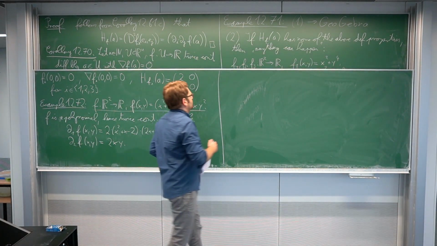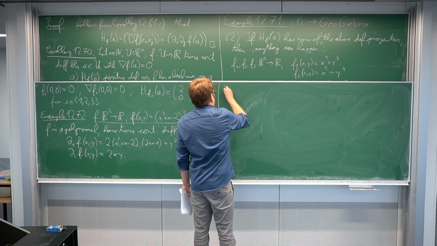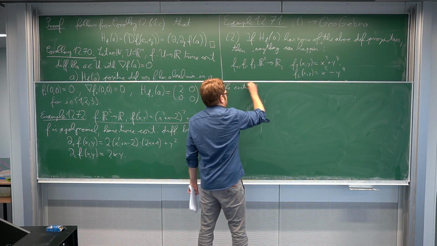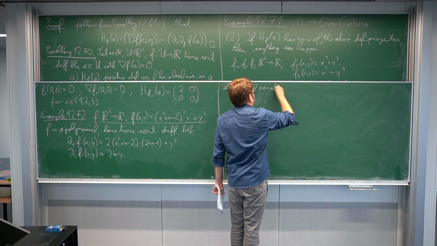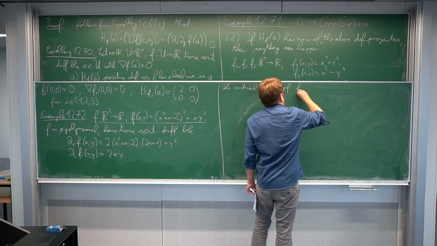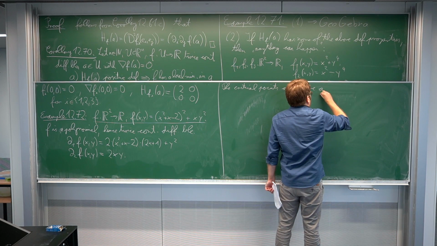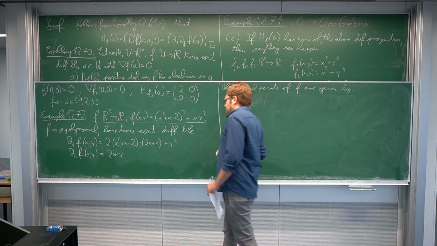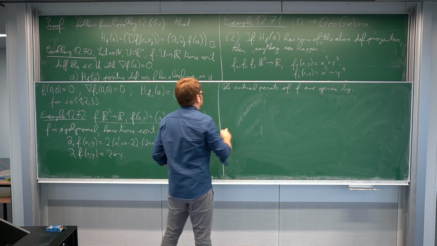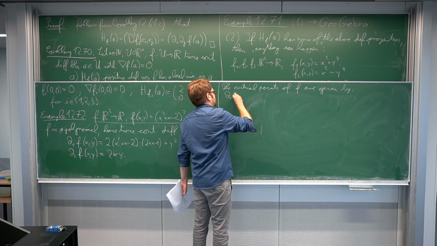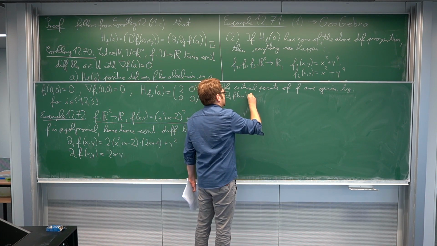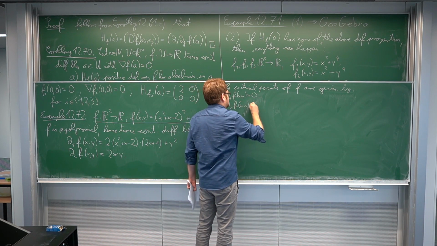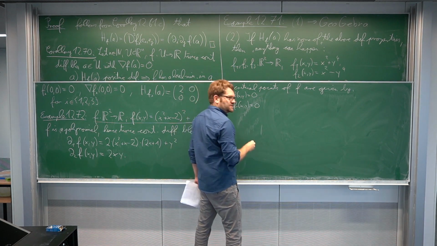So the critical points of f are given by the following equations. We know that the gradient is 0, so these two must be 0. This means d1f(x, y) is 0 and d2f(x, y) is 0, so they both have to hold simultaneously.